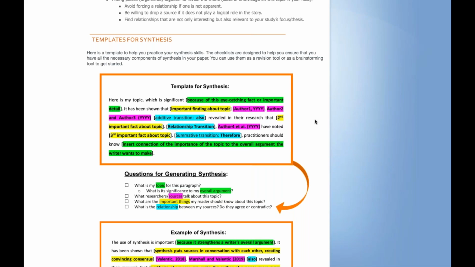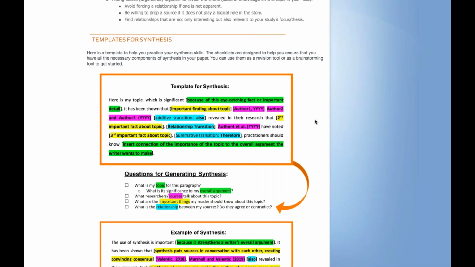Inserting a relationship transition to explain how this next source is related to the prior, author 4 et al. have noted a third important fact about the topic. Finally, a summative transition to conclude it. Therefore, practitioners should know, here is the connection between the importance of the topic to the overall argument that my writer wants to make. So here, this is sort of like a fill-in-the-blank template, right?